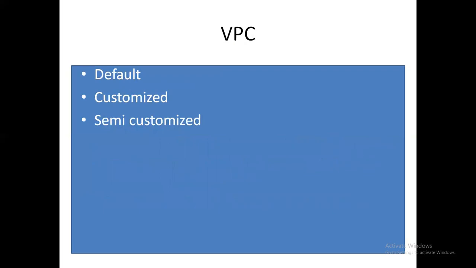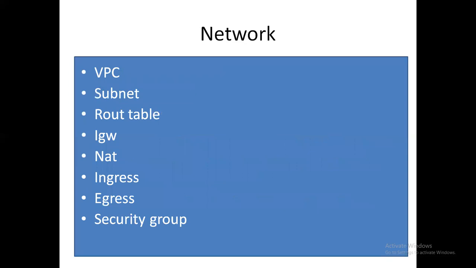So you can create a VPC with the default, you can customize, you can semi-customize. These are for your network. If you want to create a network, you have to create your VPC. You must declare your VPC, your subnet, your route table, your internet gateway. Whether public or not public, you need an internet gateway for a VPC. You understand me? Because with the internet gateway, that's where your resources will be able to update.